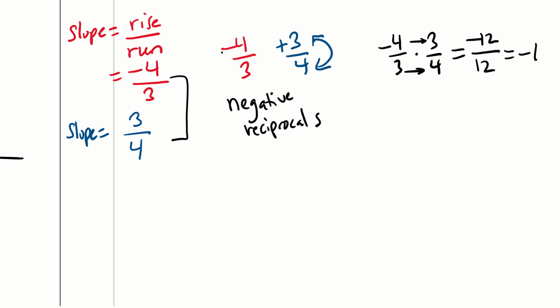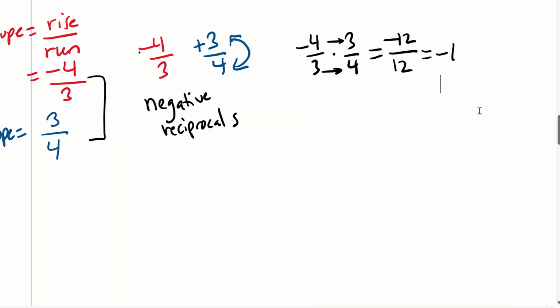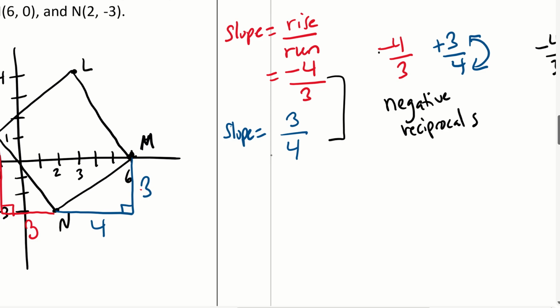And I get negative 1 because 12 divided by 12 is 1, but it's negative. If I multiply the slopes and I get negative 1, that indicates that it's a right angle. It's perpendicular, okay? So that's how we know. Two ways to figure it out. Look at the slopes to see if they're flipped negatives, or look to see by multiplying the slopes to see if you get negative 1.